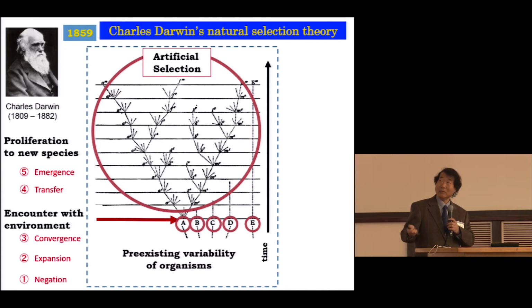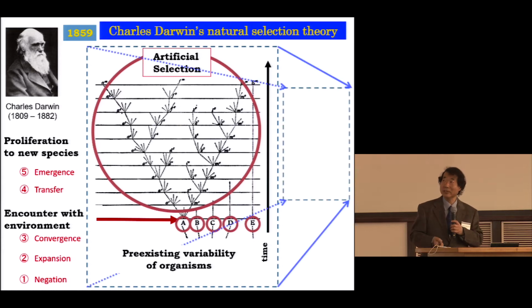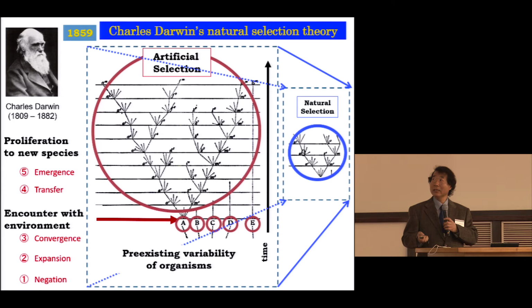So this is the reason why he mentioned this is artificial selection. But he suddenly realized the same selection also is possible at the level of the natural world. This is the reason why Darwin called the selection natural selection.